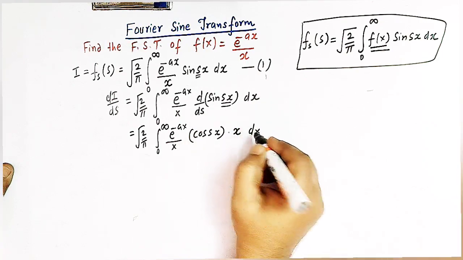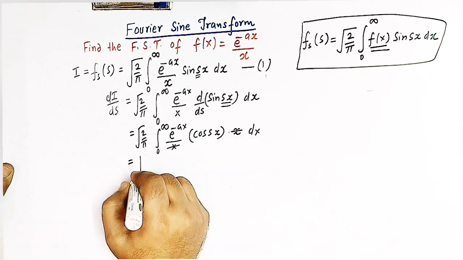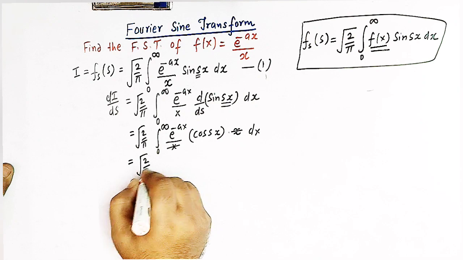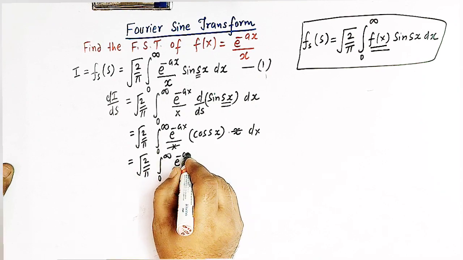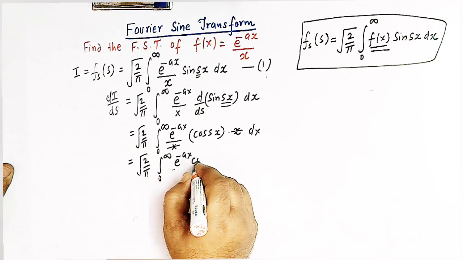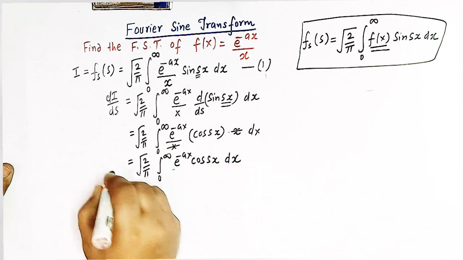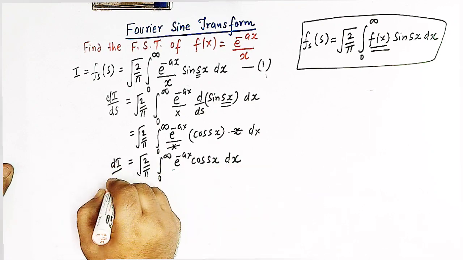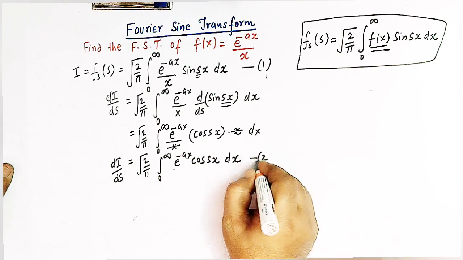So we have dx, and now this x and this x get cancelled, so we are left with square root of 2 over pi, integral 0 to infinity e raised to minus ax, and here we have simply cosine of sx dx. So now dI over ds is given by this expression.